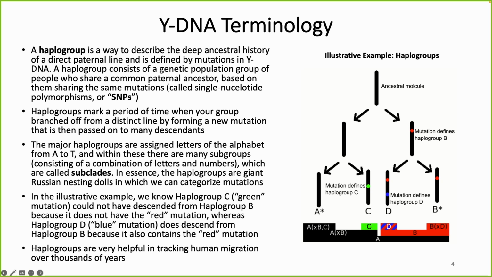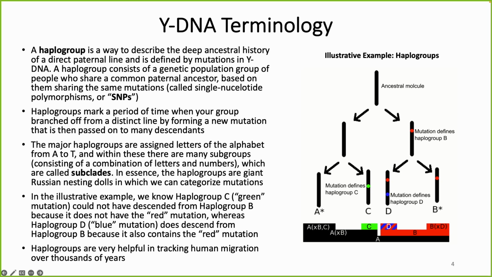That's a blue mutation. That becomes haplogroup D. And there's another son who did not have any new mutations. He stays haplogroup B. And so what we see today is the modern population with all of these mutations or lack of mutations that have accrued. We actually don't have any insight into testers from thousands of years ago.